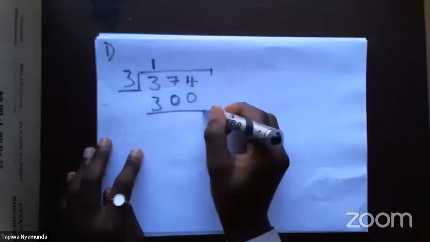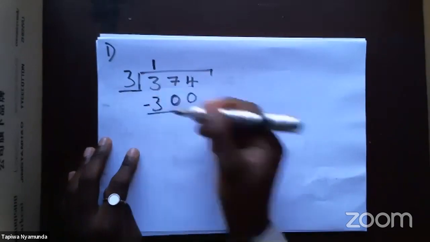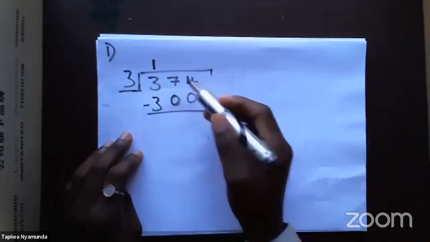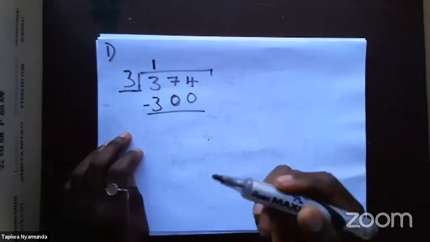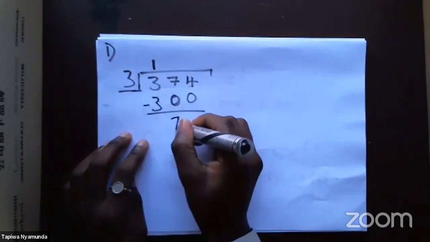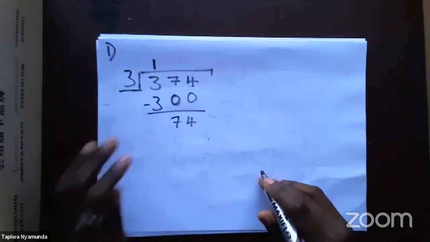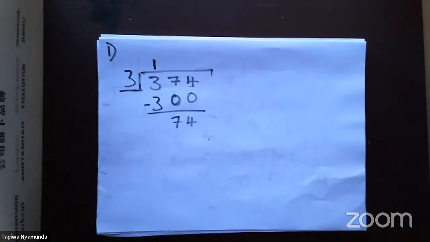After that, I'll subtract: 374 minus 300, which is 74. We always write what is left.